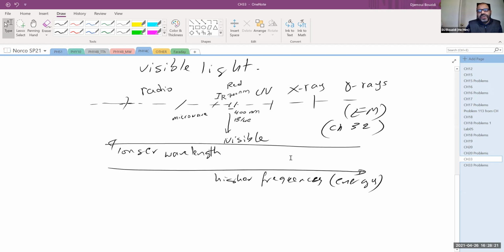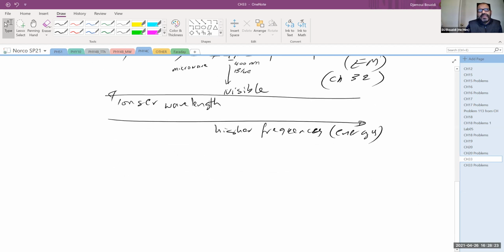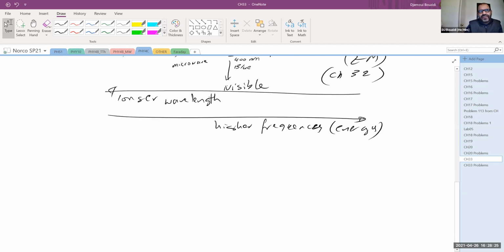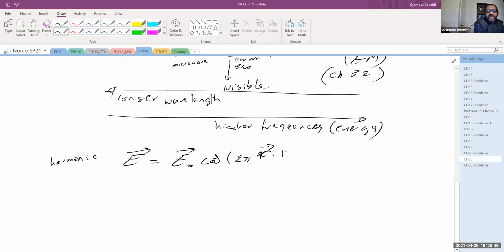From chapter 32, we know also that the electric field and the magnetic field are the ones that are waving. So the electric field is actually a wave, in the harmonic sense. This will be some intensity in some direction times some cosine of a frequency and wavelength, okay?